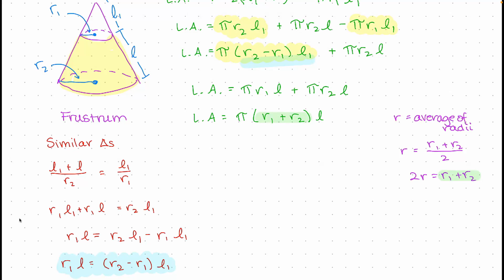So I can write the formula as the lateral area is pi 2R L, or you typically see it as 2 pi R L. R is the average of the radii of the frustum. L is the slant height of the frustum. Now I know I could have just given you the formula for the lateral area of a frustum.